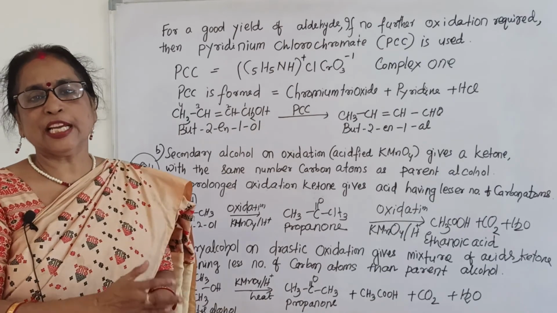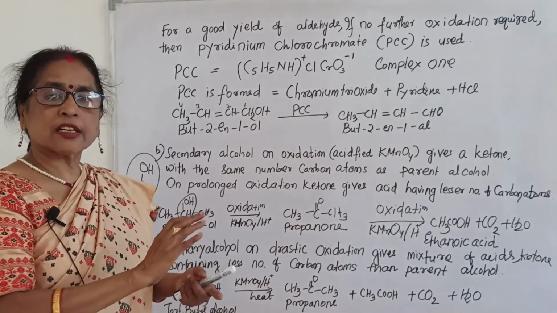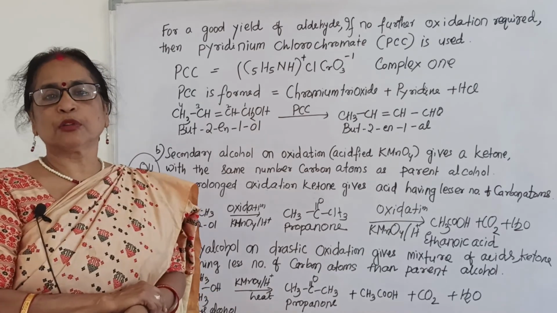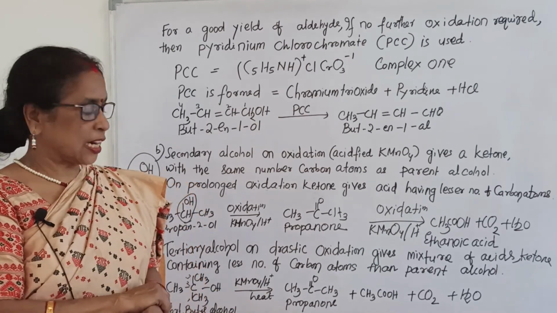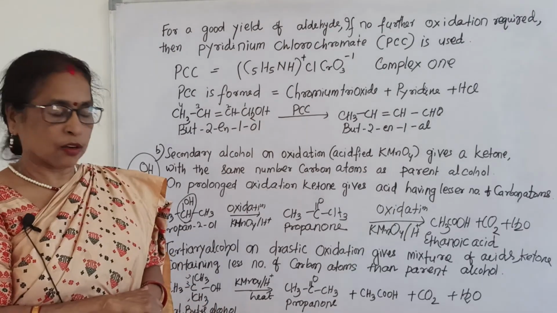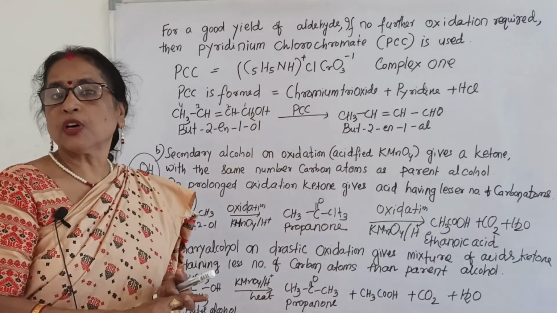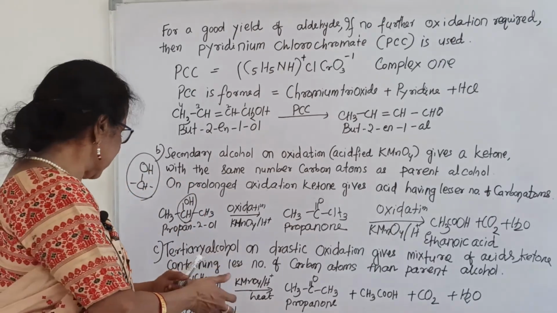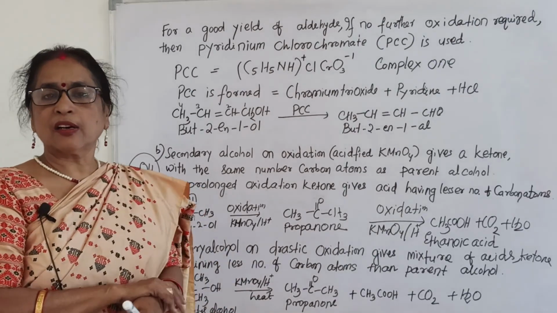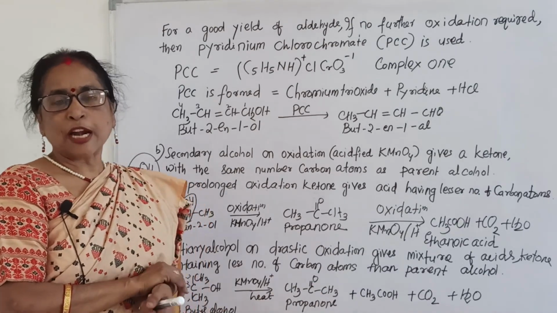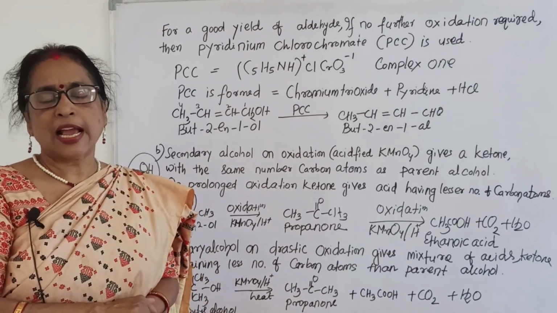Example, tertiary butyl alcohol contains 4 carbon atoms, and the product propanone contains 3 carbon atoms, which is less than the parent alcohol. Similarly, acetic acid has 2 carbon atoms, which is less than your parent alcohol having 4 carbon atoms.